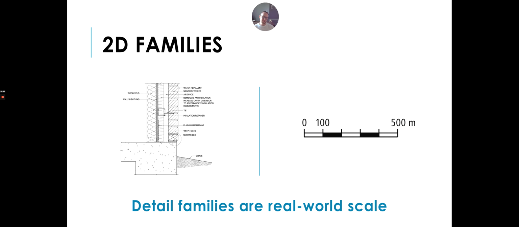Okay, so I also mentioned families can be 2D elements, right? So just annotations. We haven't got into annotations yet, but just keep this in the back of your head because we're going to run into it. There are 2 flavors of annotation families. There's the families that are real world scale, meaning if you draw a brick, for example, we're looking at a detail here, and there's all these bricks that are detail items.